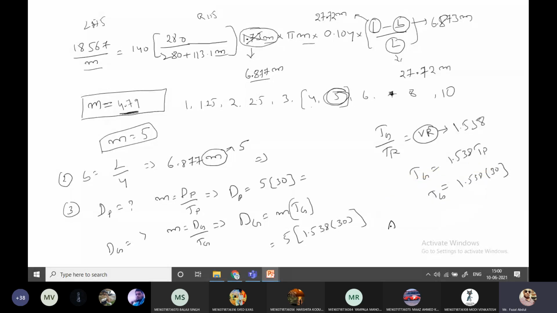This is the fourth question: addendum equals 1 module, nothing but 5. Fifth question, dedendum 2 modules, that is 10. And sixth question, outside diameter of the cone.